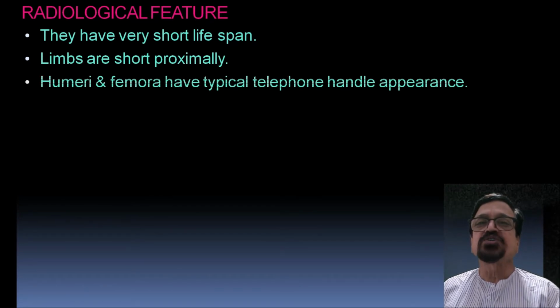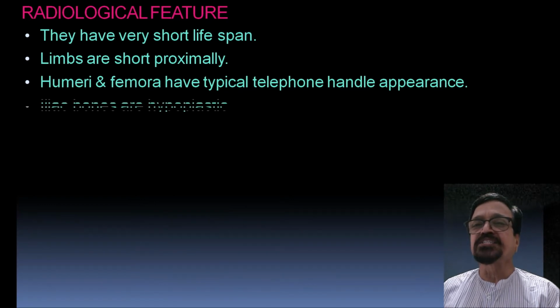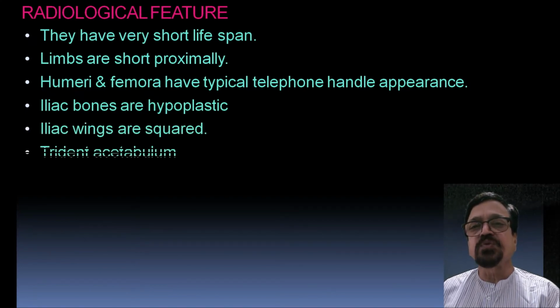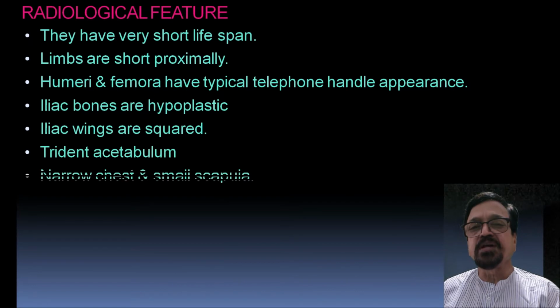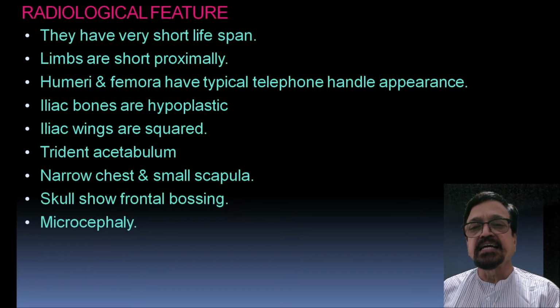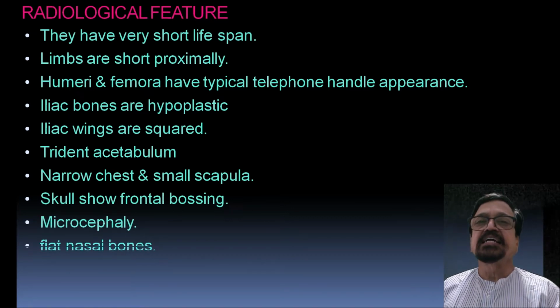Limbs are extremely short. Humeri and femora are typically telephone handle shape. Then iliac bones are hypoplastic. Iliac wings are squared. Trident acetabulum. Narrow chest and a small scapula. Skull shows frontal bossing and microcephaly.